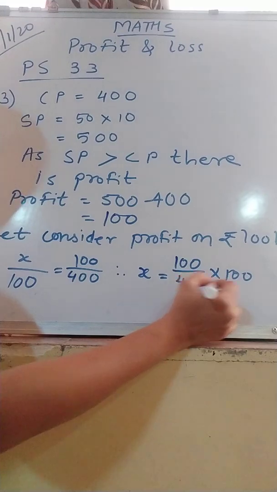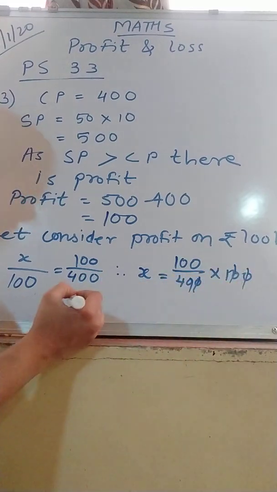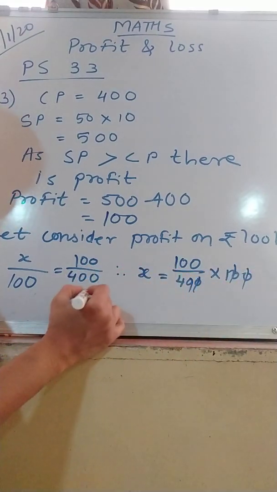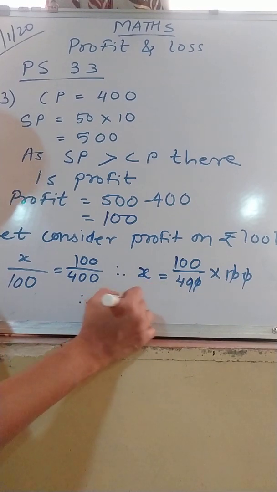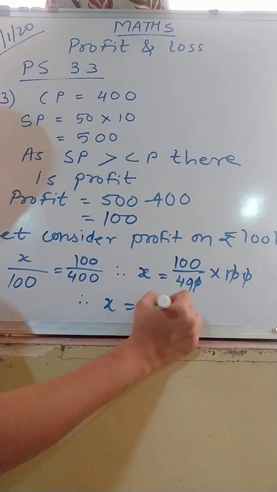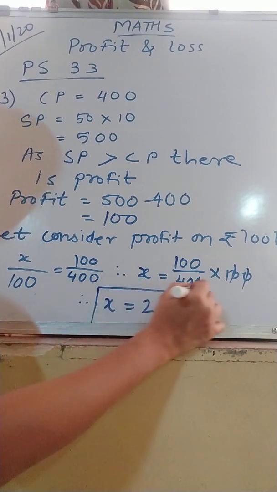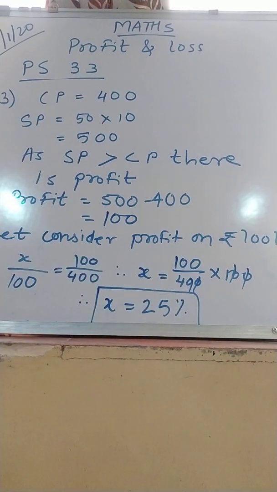Right? 0 0 cut, 0 0 cut. 4 ones are 4, 4 twos are 8, and 4 fives are 20. Right? So Hanif made a profit of rupees 100, and in percentage it is 25%.